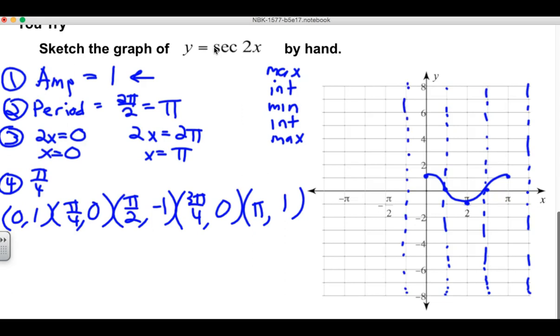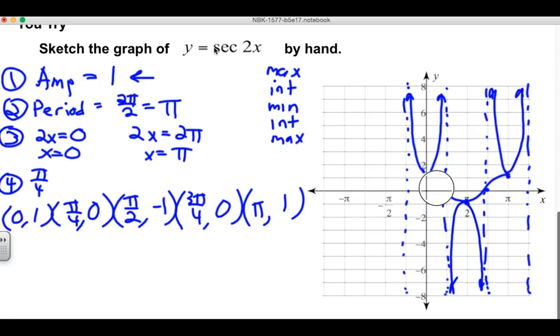Then at the maximums and minimums, we're going to do U shapes approaching the asymptotes. This one's going to go down, and this one is going to go up. You can do that for as many periods as necessary. And you need to make sure you erase the points in between for your cosine. We don't want to leave the cosine function on there.